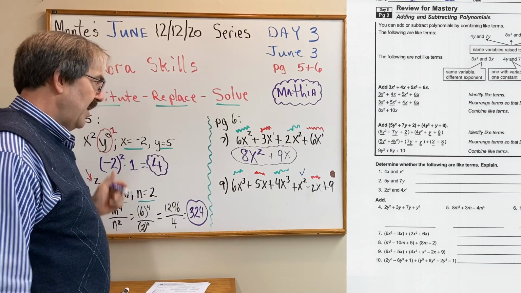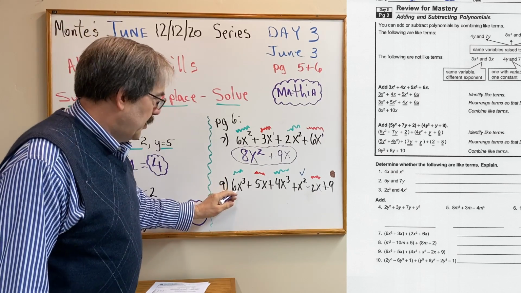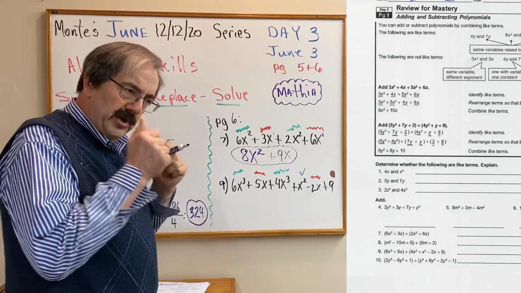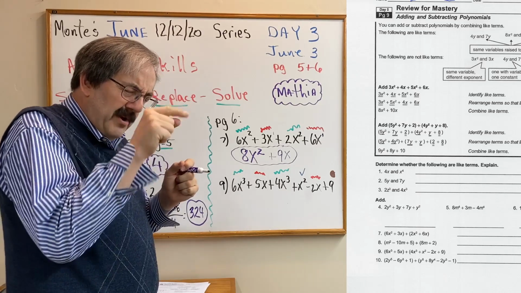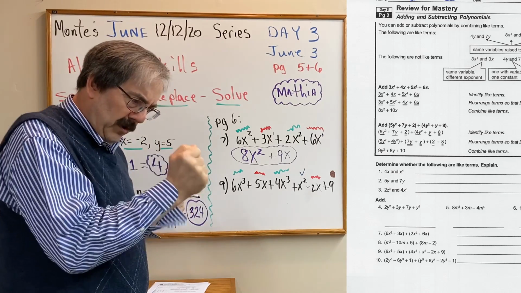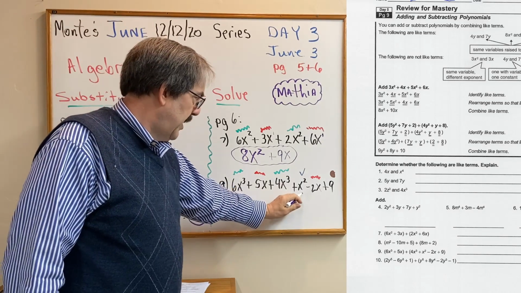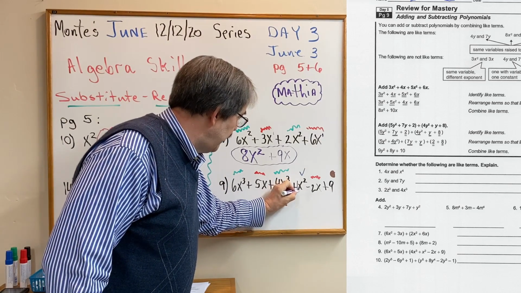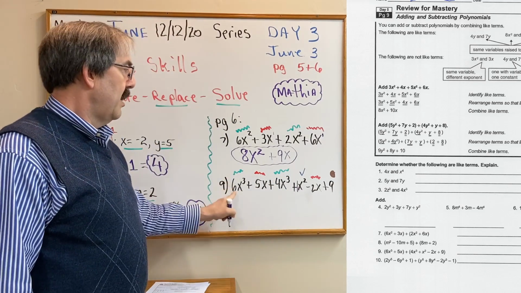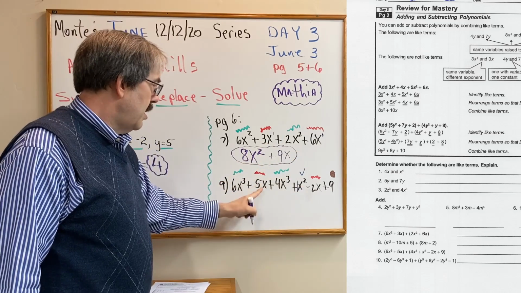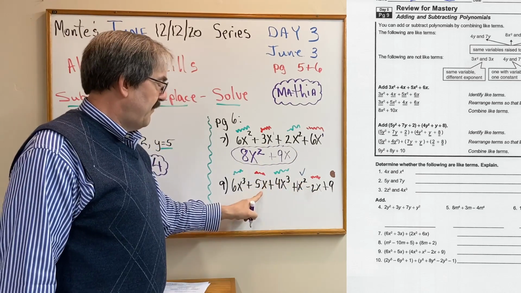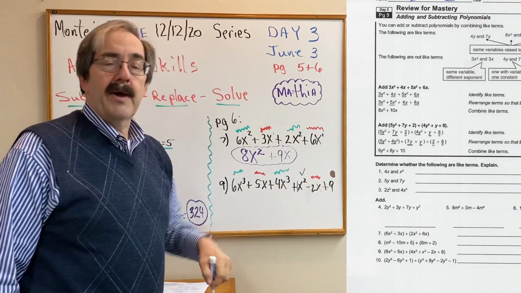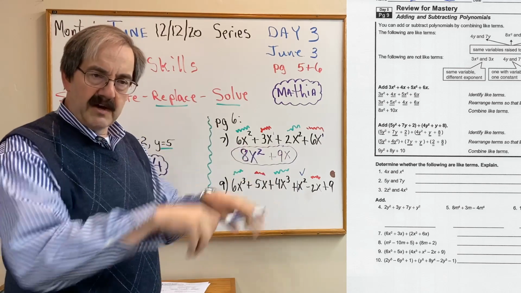Problem number 9. We've got x to the thirds, x to the thirds. Those are your like terms. X to the 3 power is its own term. There's an x squared all by itself. And remember, there's like a little 1 right in front of it. X squared, x to the first power, 5x, 5x. And then we got that number 9, the constant, stays off by itself.